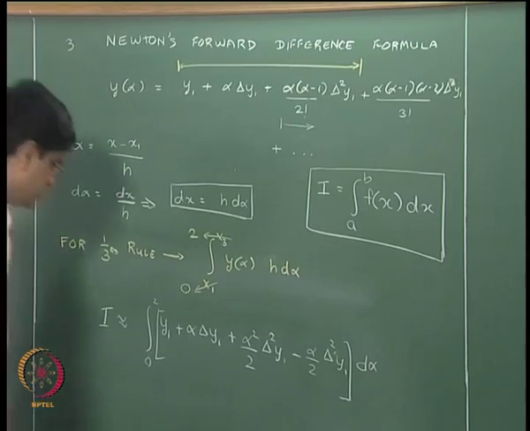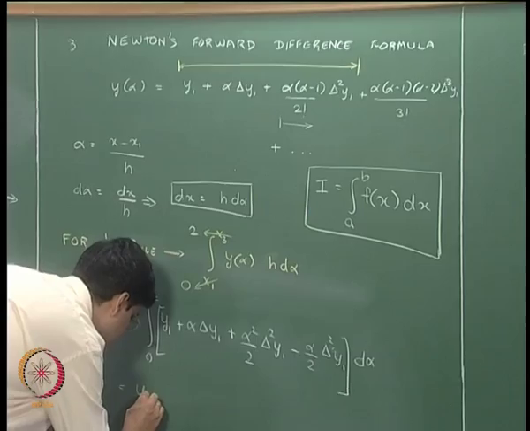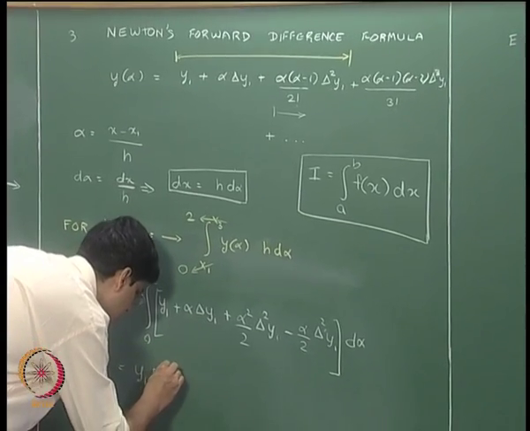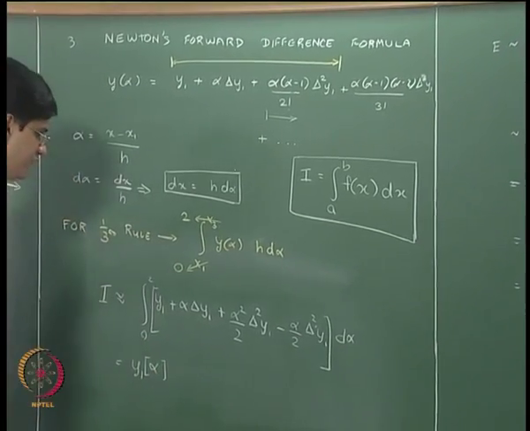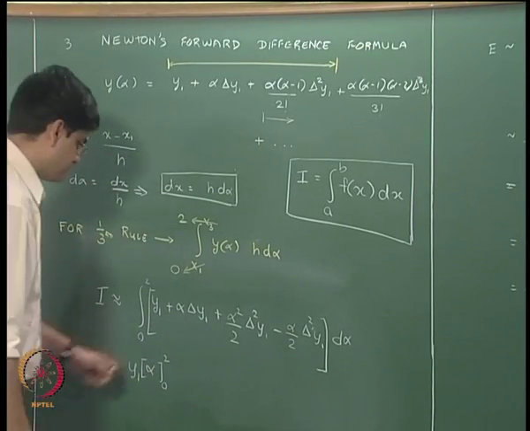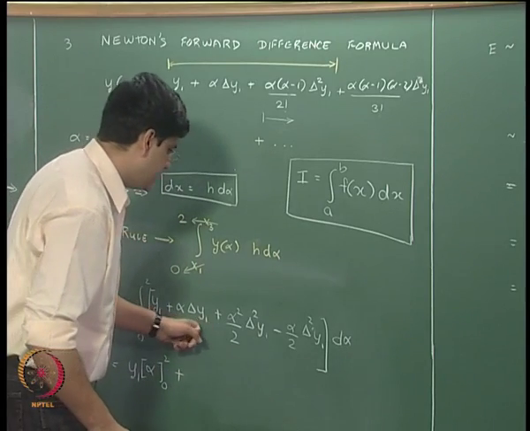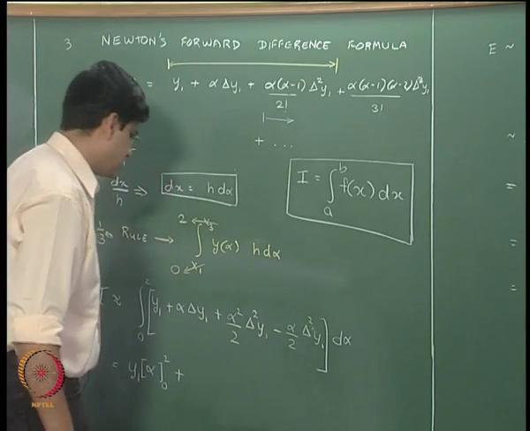Okay, so this is going to be equal to y1 multiplied by alpha, where alpha goes from 0 to 2, plus delta y1 minus delta squared y1.